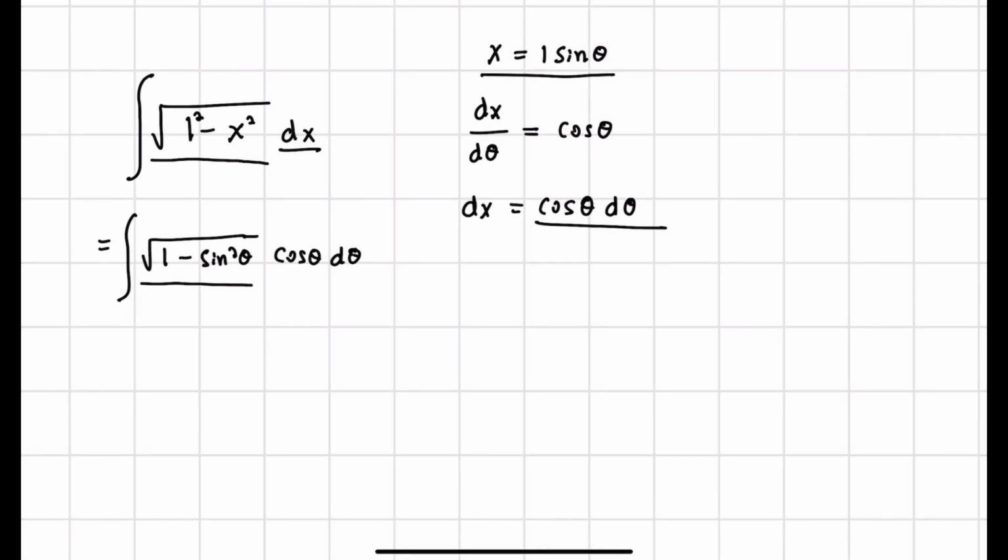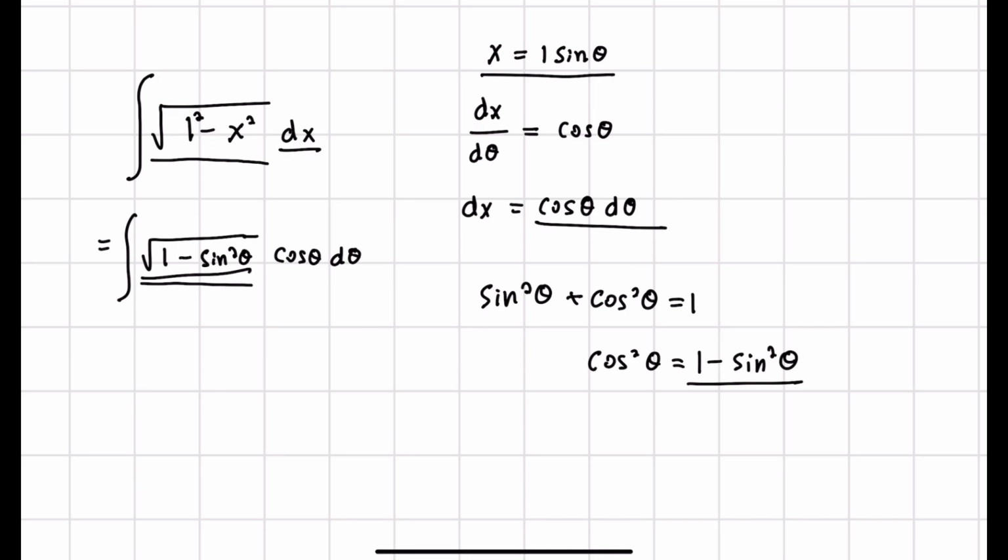Remember the trig identity where sine theta squared plus cosine theta squared is equal to 1. Let's isolate for cosine theta squared. So this is equal to 1 minus sine theta squared, which is what we have here. So we can substitute that.